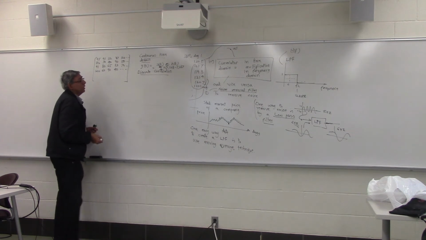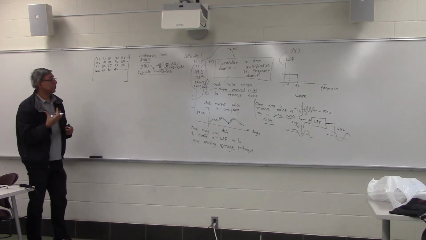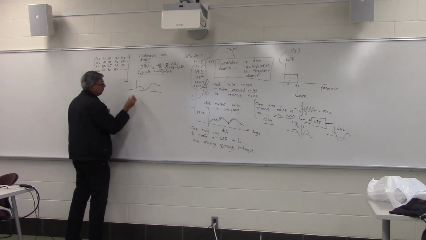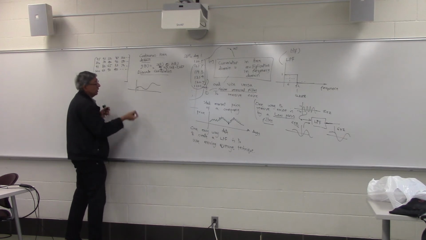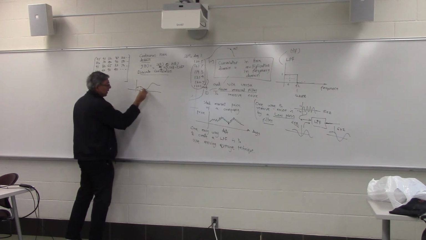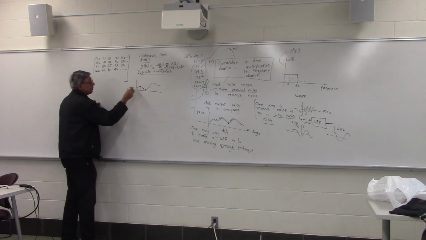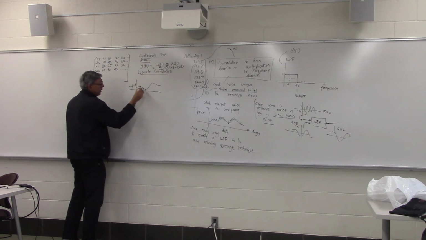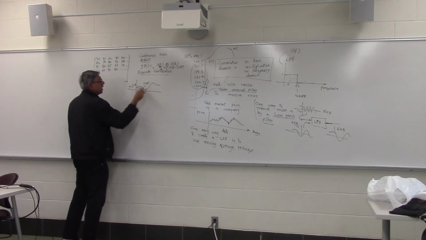In the same way, in the discrete world, if we are given a signal like this, what we do is we sample it. Every 1 second or every 2 seconds or 2 milliseconds, we find out what's the value of it. Suppose the value of this particular signal is 0.7, 0.8, then let's say 0.65, and so on.